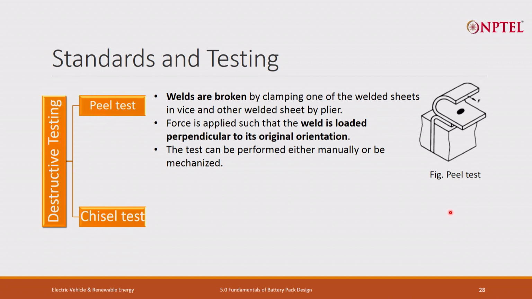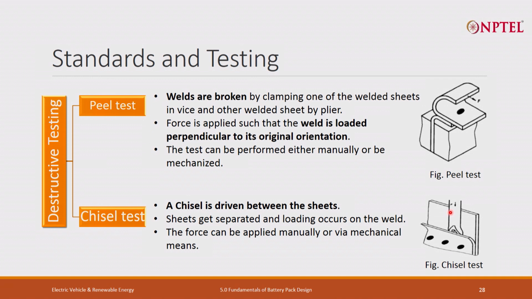It can be performed manually by fixing a strain gauge to measure the force, and can also be automated using good lab equipment. In the chisel test, you put a chisel and hammer it, or you apply force over it, and if it comes out, you know at what force that weld is coming out.